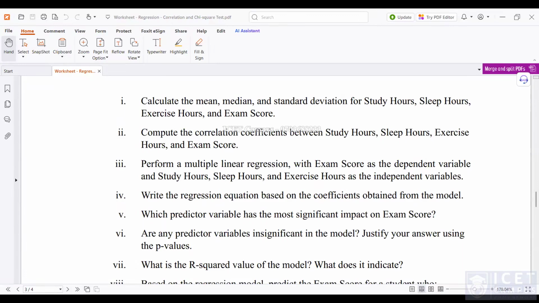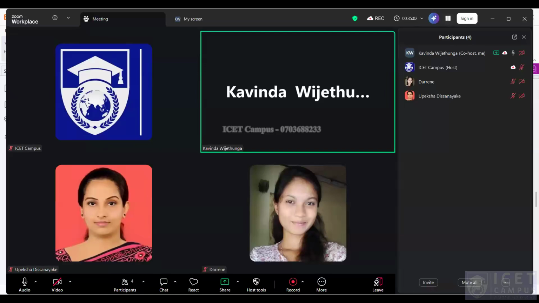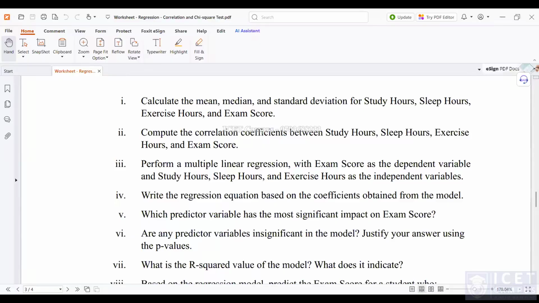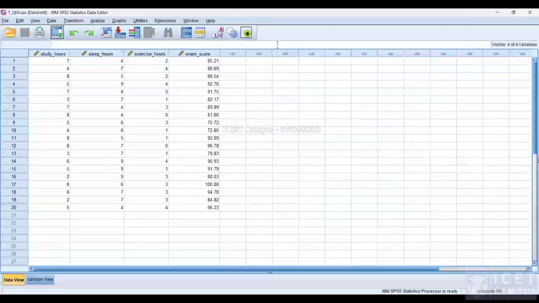Question number 4. So firstly, we have to enter this data to the SPSS worksheet.